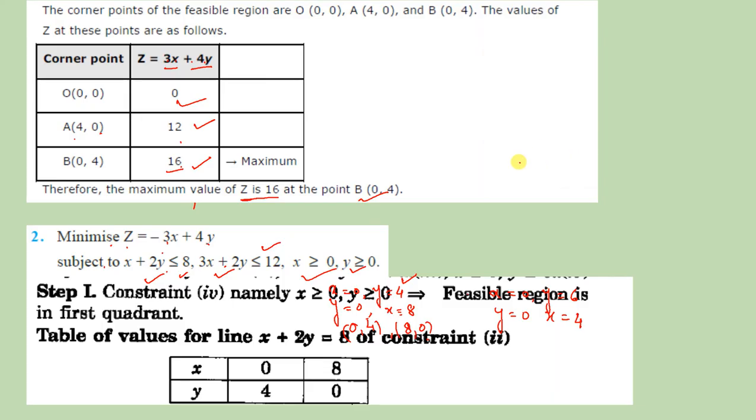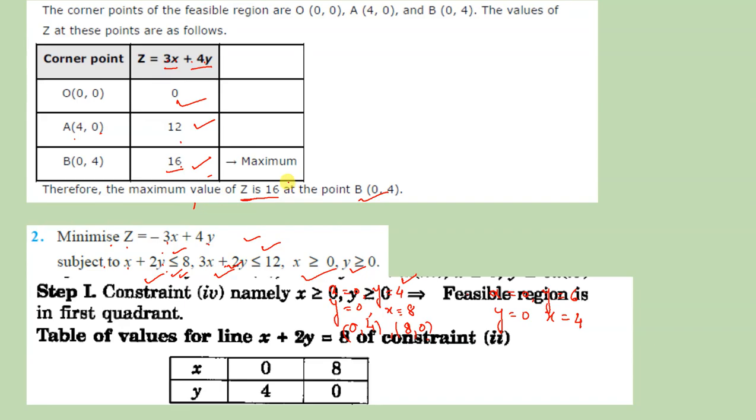So this is the graph of the first inequality, 0 comma 4 and 8 comma 0. You get this line. And for the second one, you get this line. Now, in the inequality here, we have less than equal to sign in both the cases. So 0, 0 satisfies this also and this also.